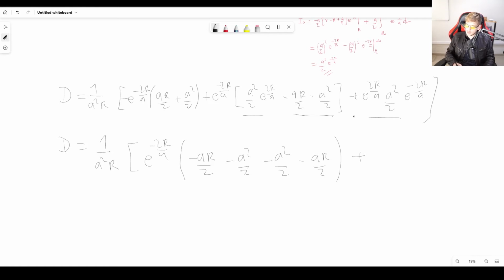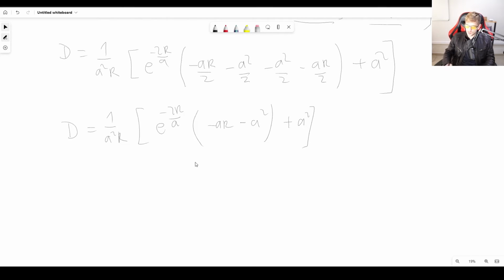So we get 2 times a squared over 2, or simply a squared. Good. And now we can simplify this even further. So 1 over a squared r, the exponential, and then we get minus ar minus a squared plus a squared.